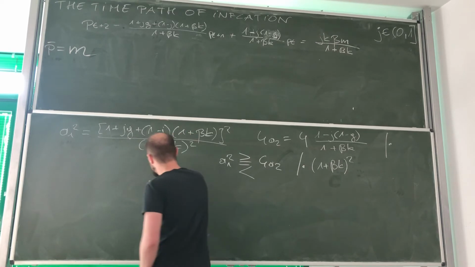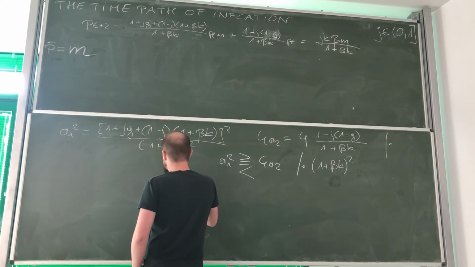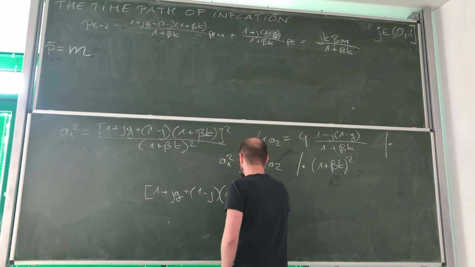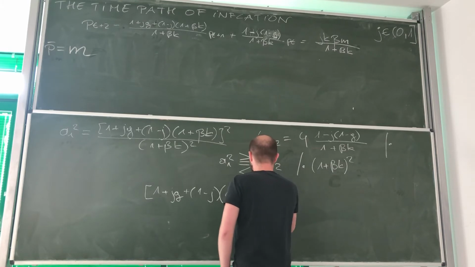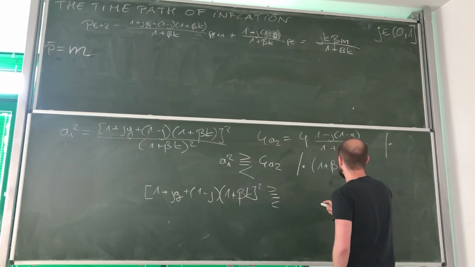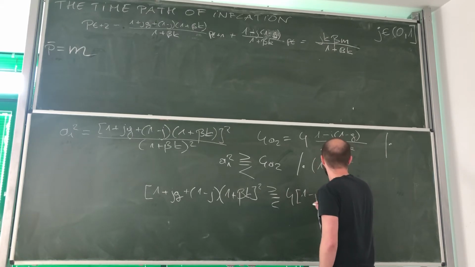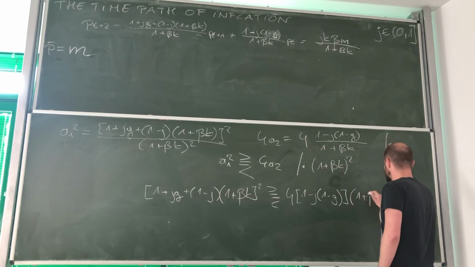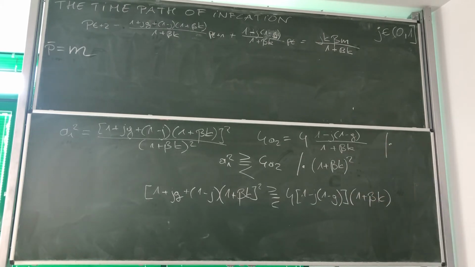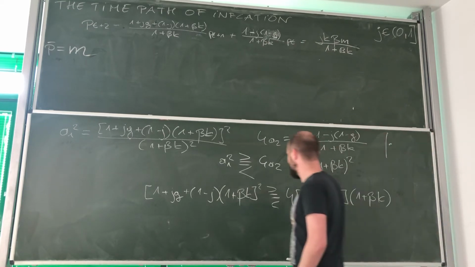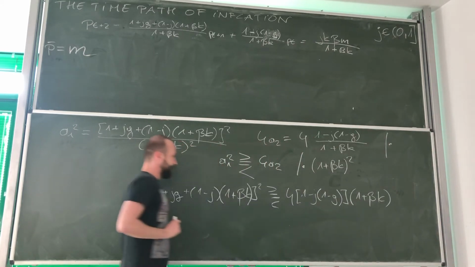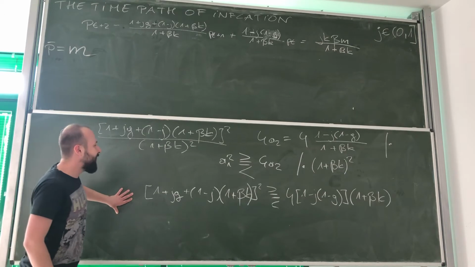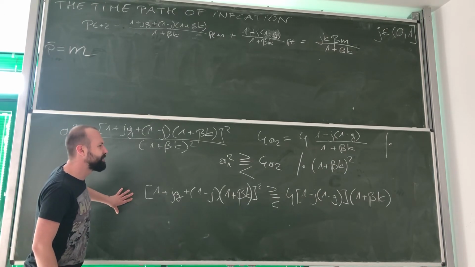However, this makes our equation look like this. Okay, and look, just by seeing this inequality, we can clearly see that a priori there is not much we could say.